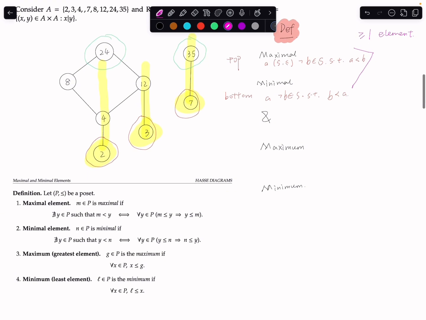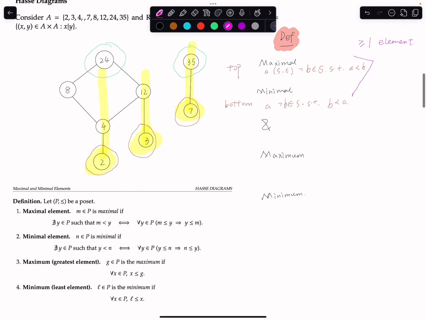Okay, so compared with the maximal and minimal elements, we're going to talk about the maximum and minimum, also called the greatest element and least element.